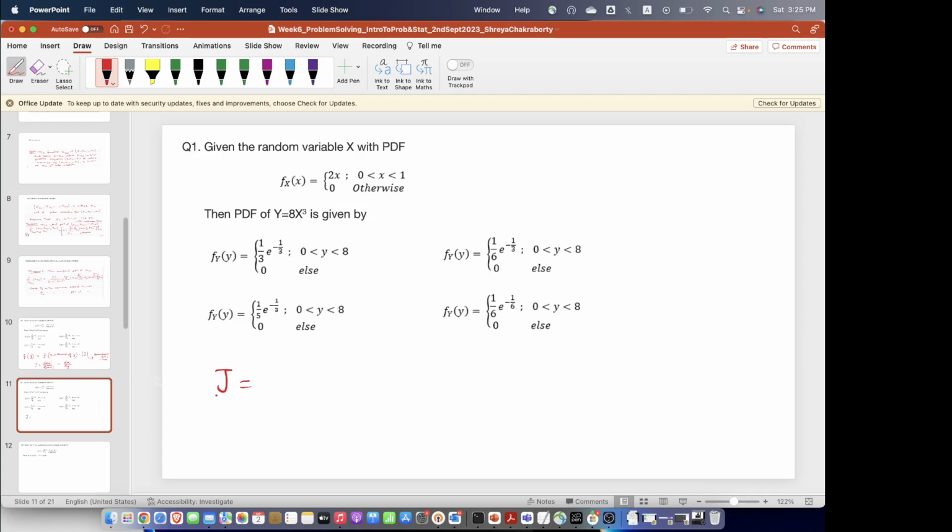For a single univariate case, this is nothing but 1 by dy by dx. Now here y equal to 8x cube. Then x can be written as (y by 8) to the power 1 by 3.